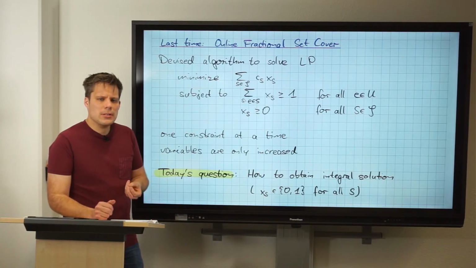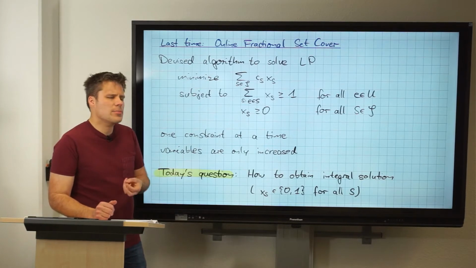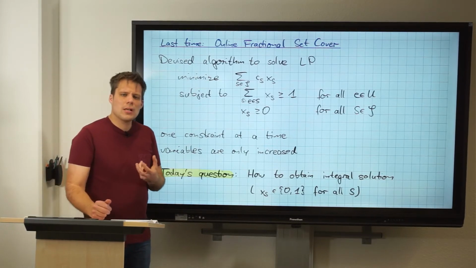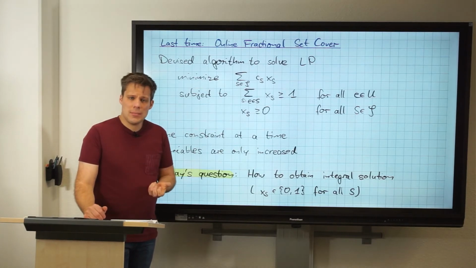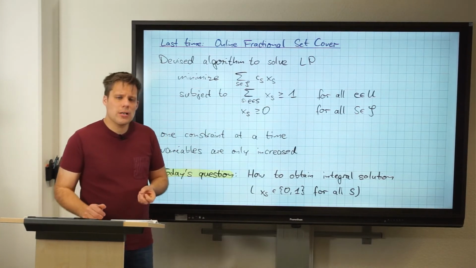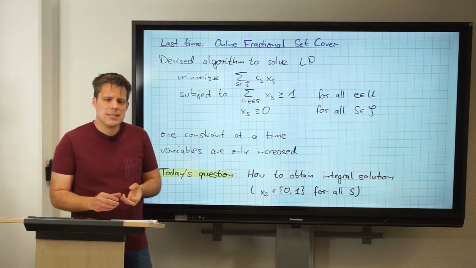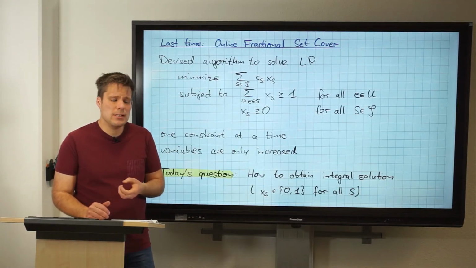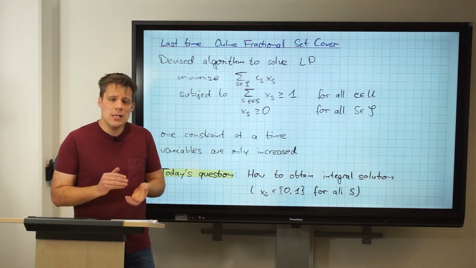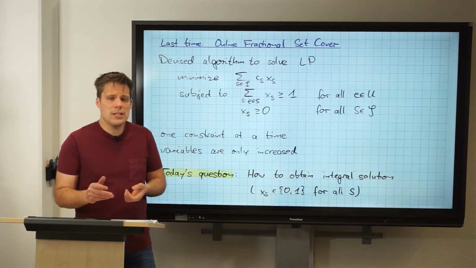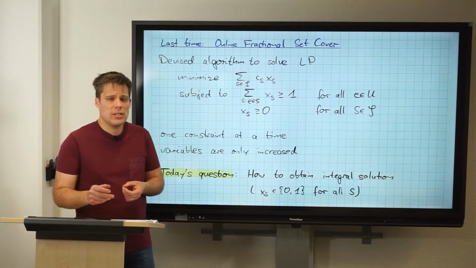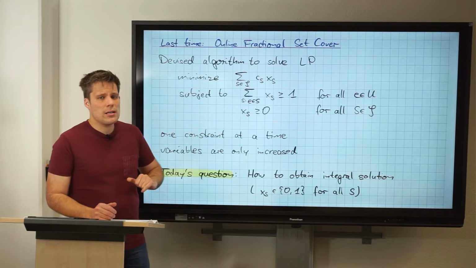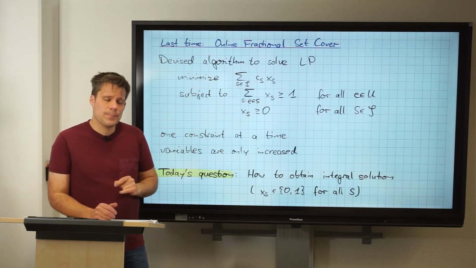The way we will do this is we will interpret them as probabilities and then do randomized rounding, although things are not as easy as in offline settings where you can just easily do randomized rounding. Here we have the difficulty that we do not know in advance the entire solution, the entire LP.